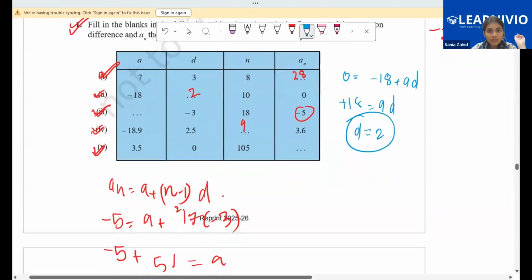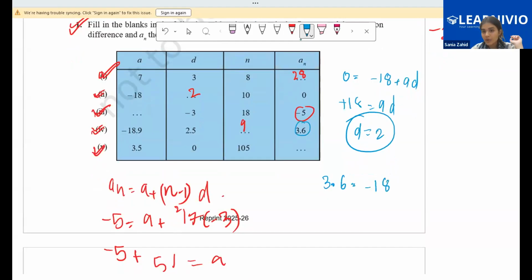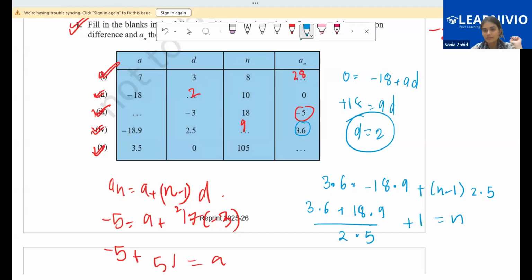You have to find n now. They're telling you which term of the AP is 3.6. So 3.6 is equal to minus 18.9 plus n minus 1 into 2.5. So 3.6 plus 18.9 divided by 2.5, and plus 1, will give you 10.